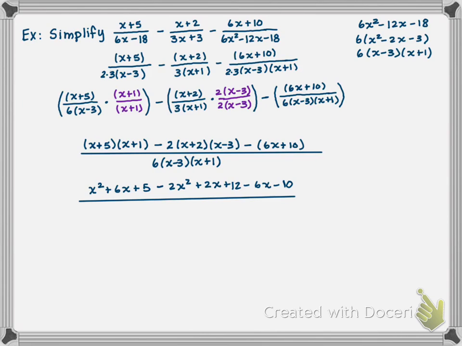And so this ends up with negative, oh, whoops, I didn't write my denominator. So negative x squared. Then we have 6 plus 2 is 7, minus 6 is negative 1. And then 5 plus 12 is 17, minus 10 is 7.